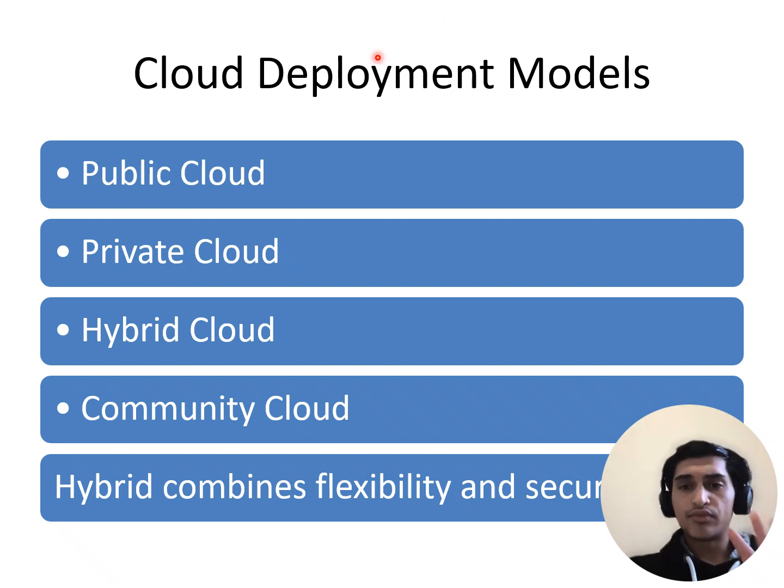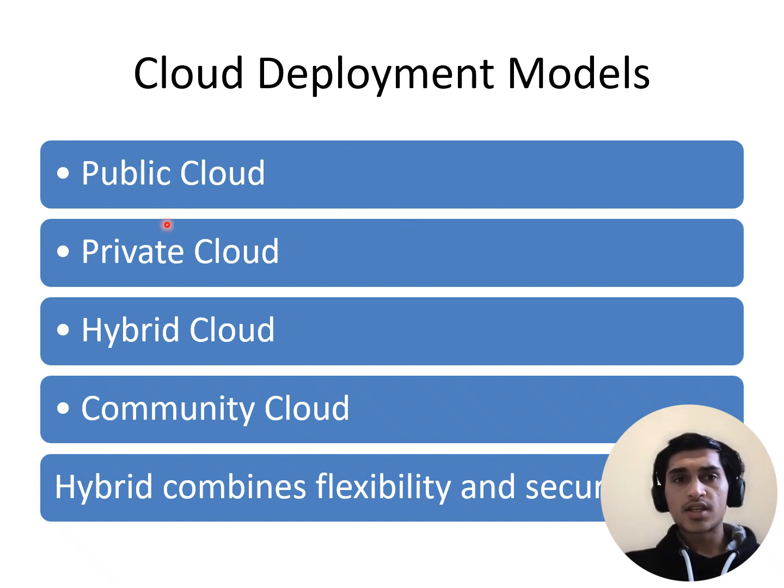Basically, we have four models on cloud: public cloud, private cloud, hybrid cloud, and community cloud. As the name denotes, hybrid cloud is basically the flexibility and secured version which we get from public cloud and private cloud.